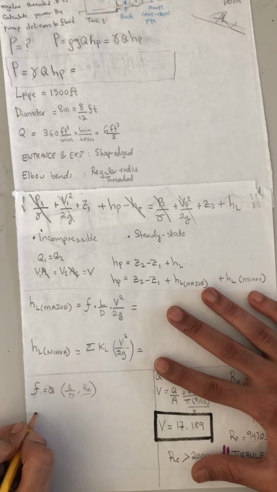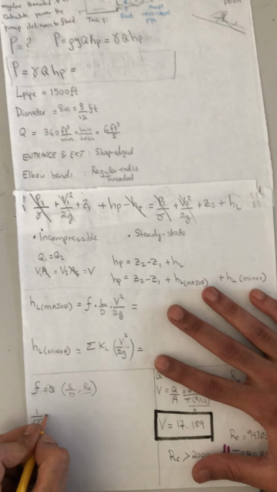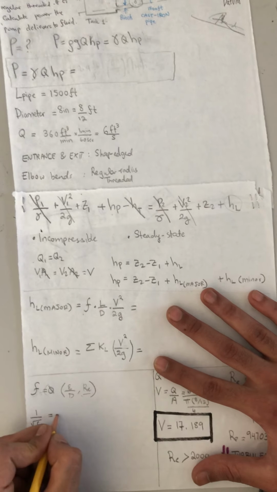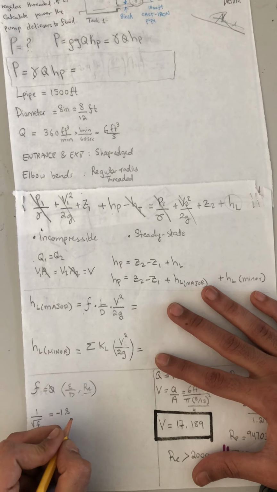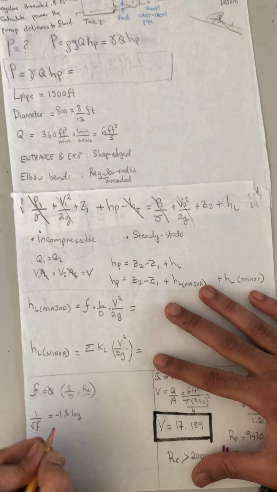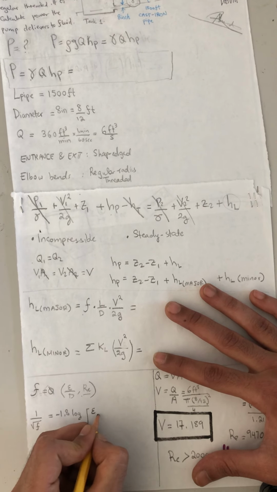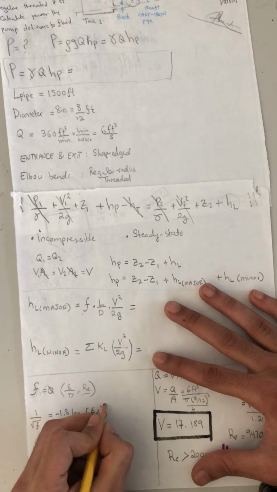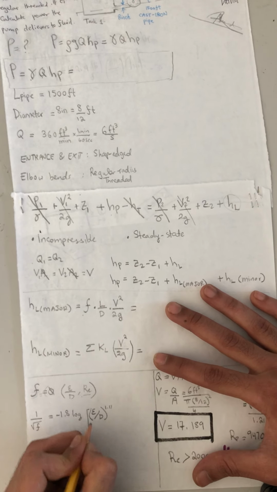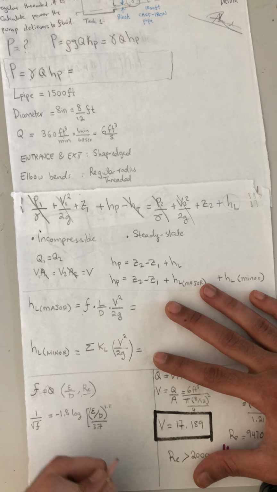This equation that is found in our book is given by the natural log of the roughness over the diameter over 3.7, and so on.